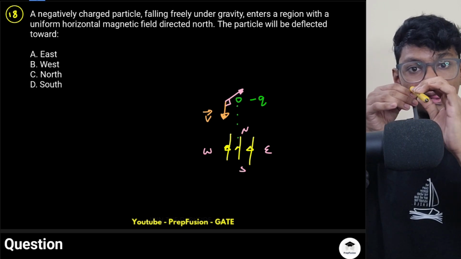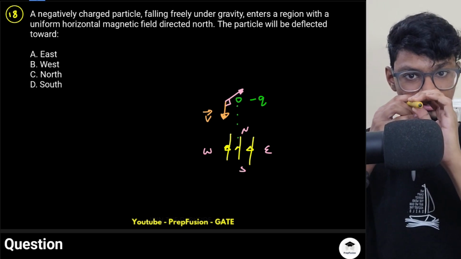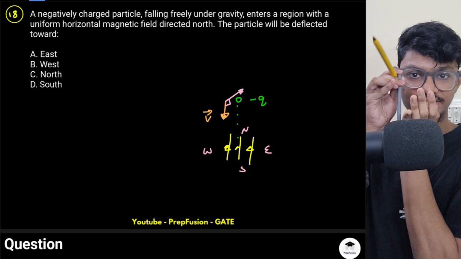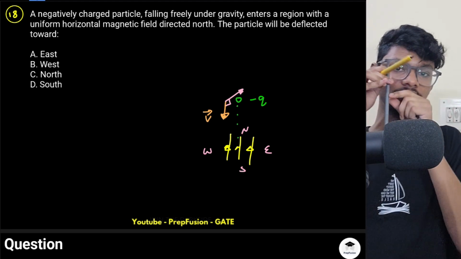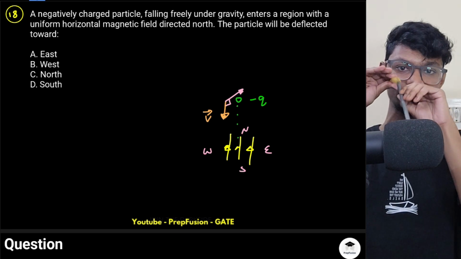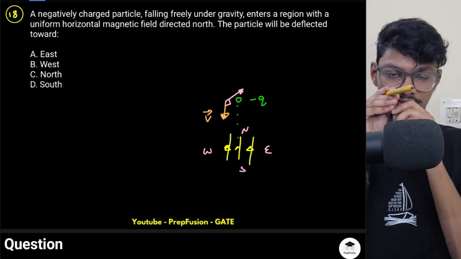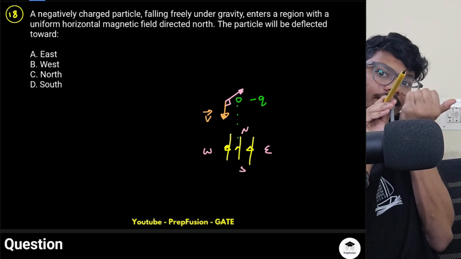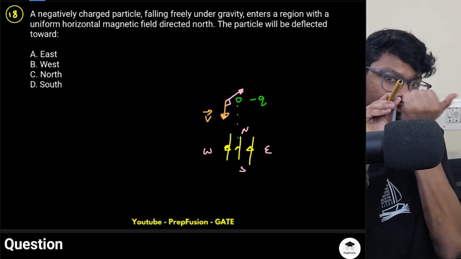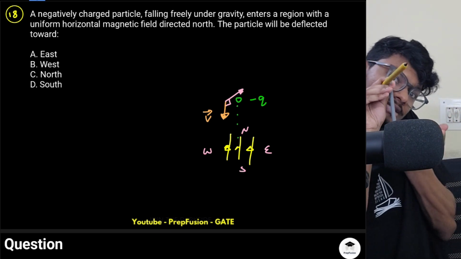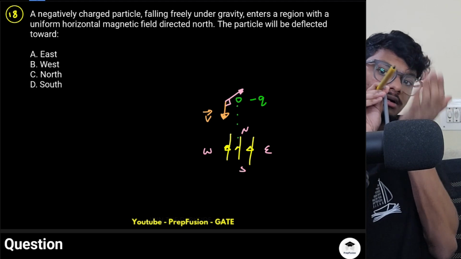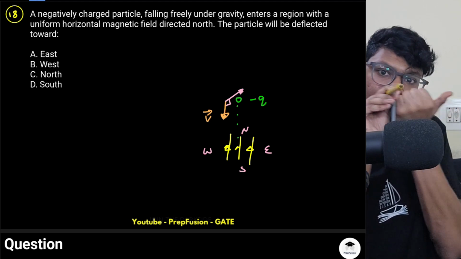But where will the charge get deflected? So I will do V cross B. V is downwards, and I will cross it towards here, right? And my thumb will show the direction. So I'll start from V, velocity downward, then curl my fingers along the B vector, and observe my thumb direction.